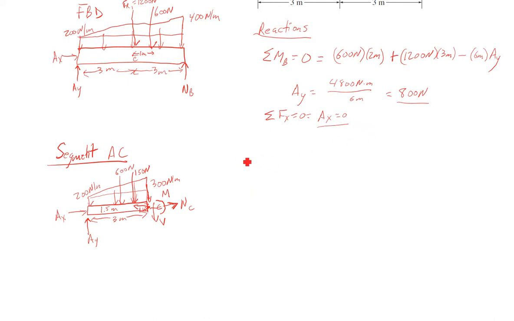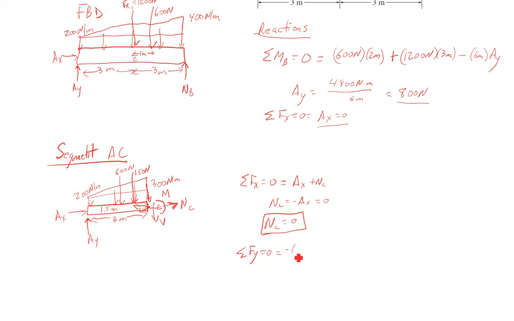Now we do our equations of equilibrium. We'll start with the sum of forces in X equals 0. AX is positive plus NC equals 0, so NC is 0. Yay, there's one of our internal forces. Sum of the forces in Y equals 0.